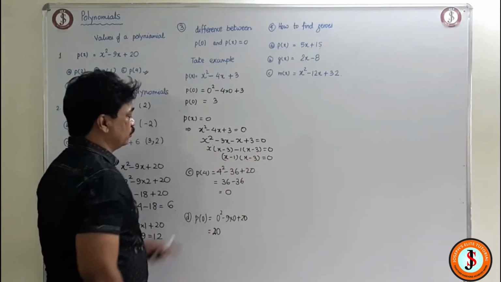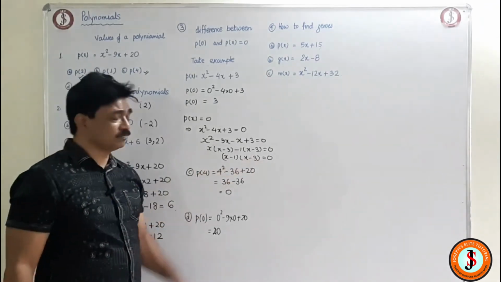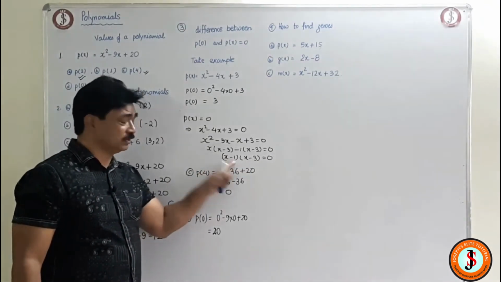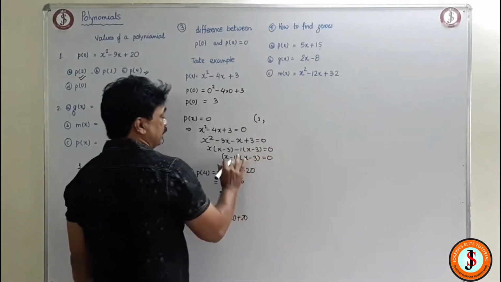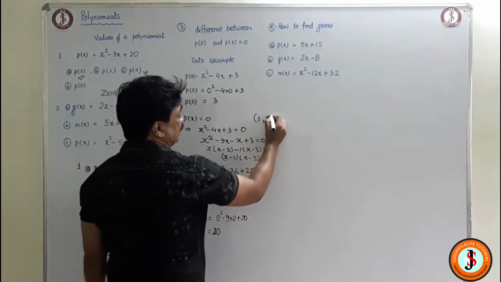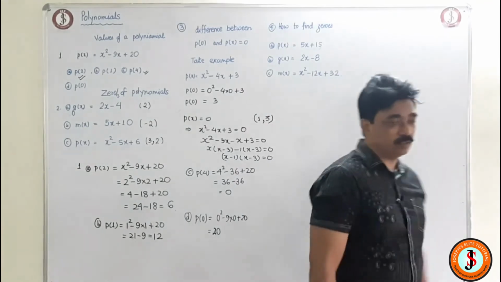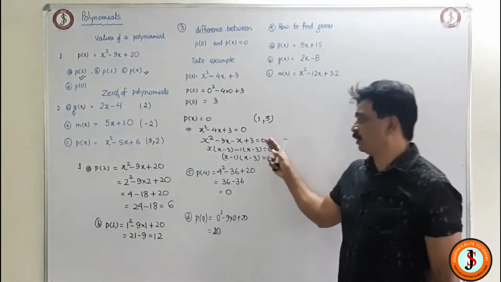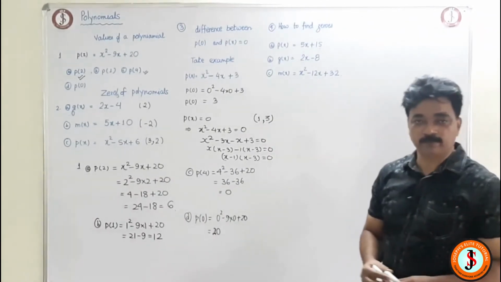Now look, what should I place instead of x so that this whole thing becomes 0? 1 minus 1 is 0, so one answer will be 1, and the other, I have to place 3. So there are 2 zeros. As I said in the beginning, a quadratic equation will have a maximum of 2 zeros. We get 2 zeros. Alright.